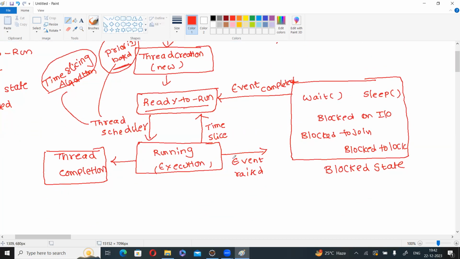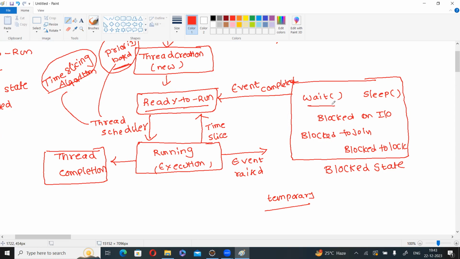Now what you need to know? Whenever an event occurred, it entered into blocking state. Generally, this is temporary blocking. This is called thread blocked state. So, if any one of these events occurred, it enters into blocked state. You know the wait method.